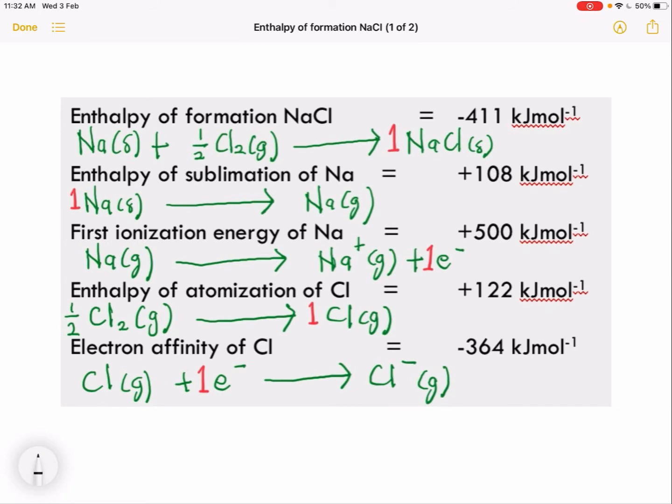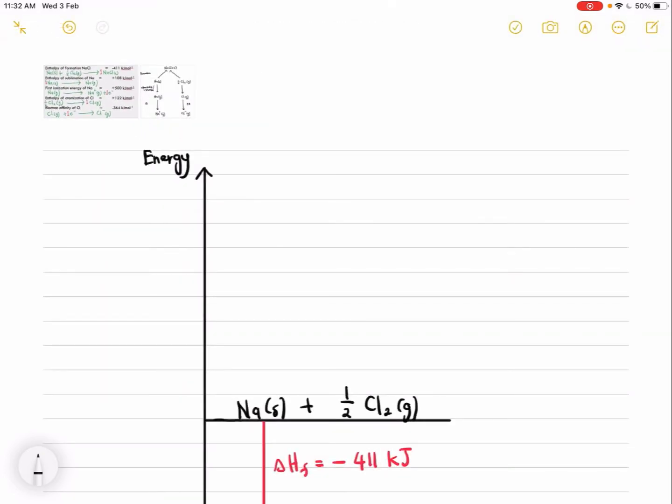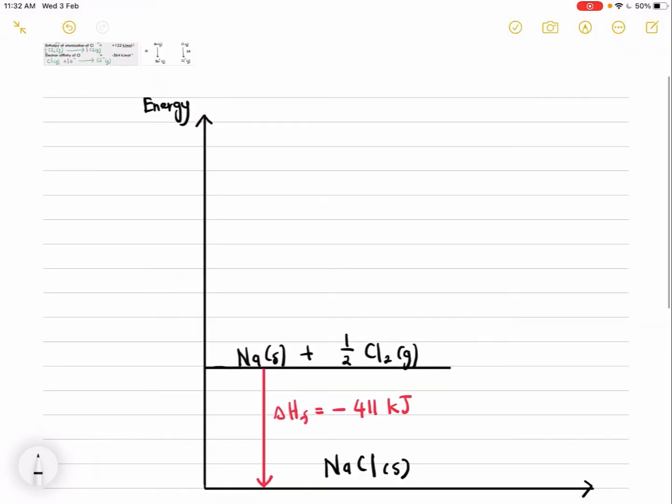Since this reaction has positive enthalpy, the reaction will have an arrow pointing upwards. So from Na solid, after it sublimes, you will get Na gas, and in this case we didn't do anything for Cl2, so you just have to copy back the molecule or formula.